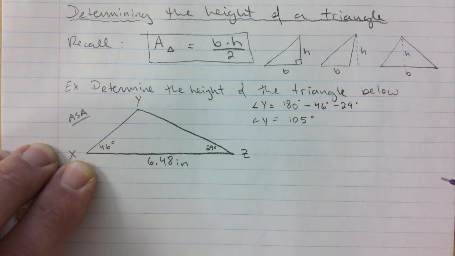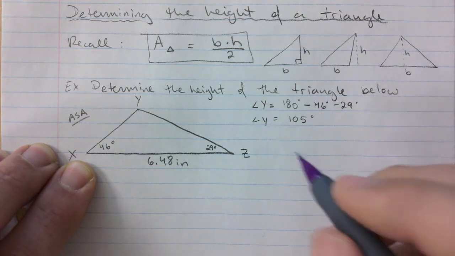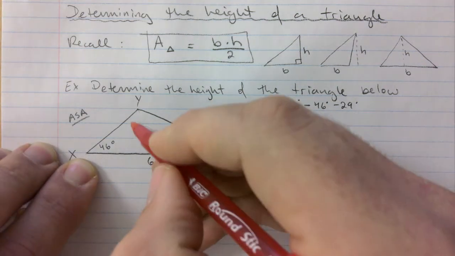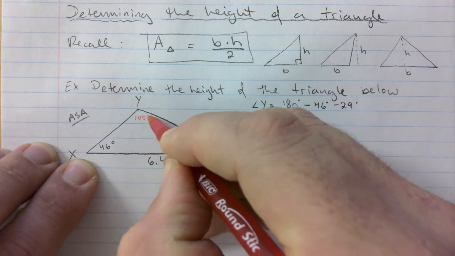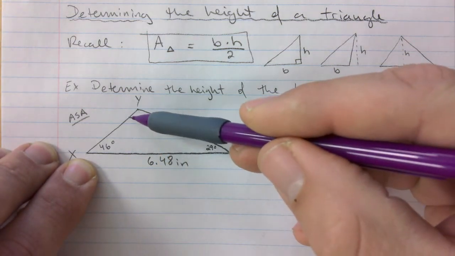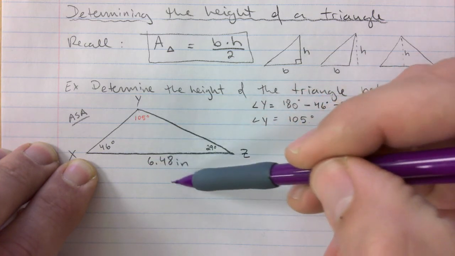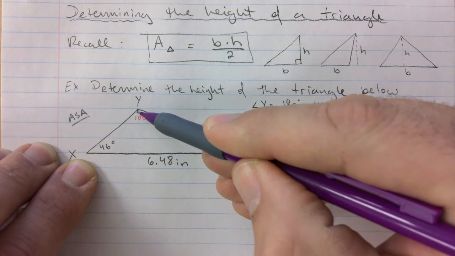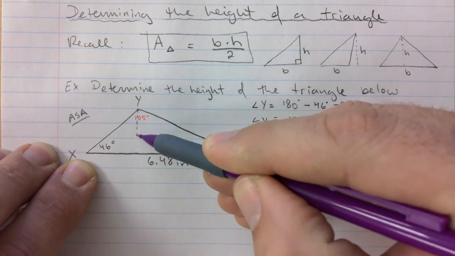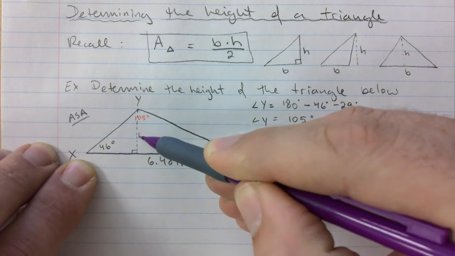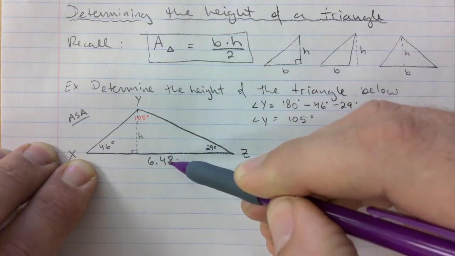Okay. And so now we know this angle right here, hence giving us a pair. I'm not going to do the circling here because my height is going to go right here. This is the height of the triangle in this case. This would be the base.